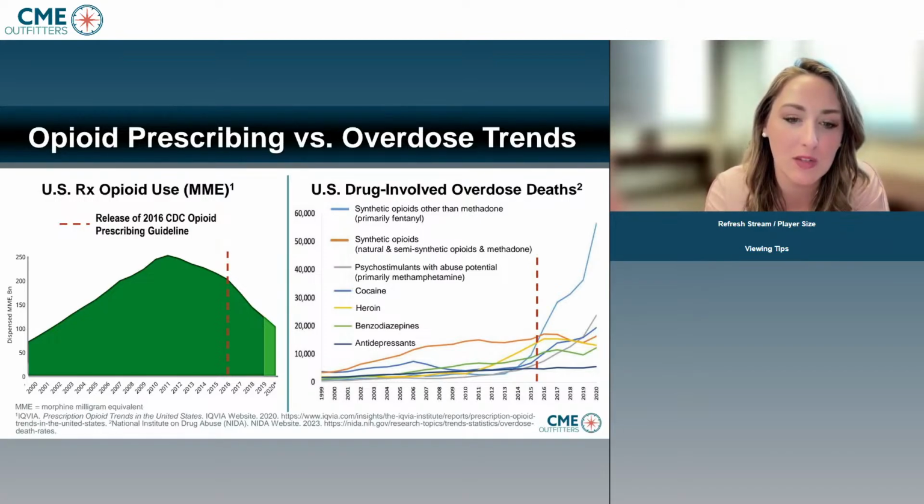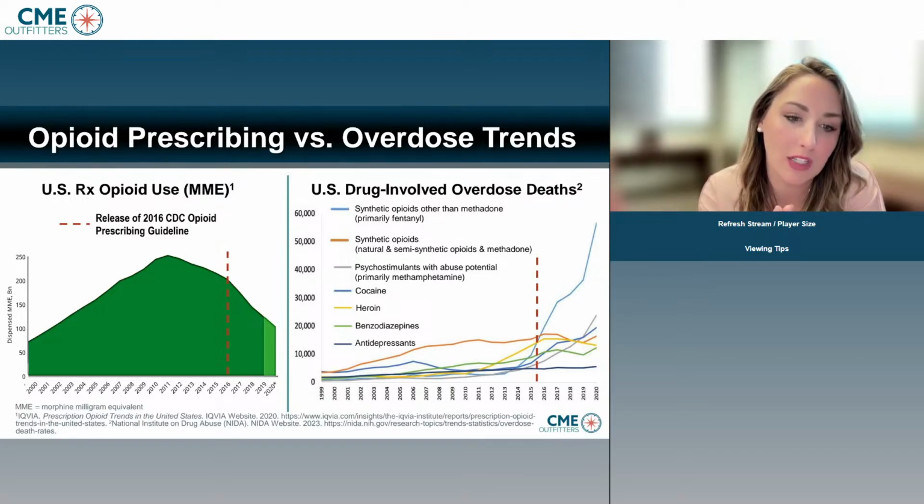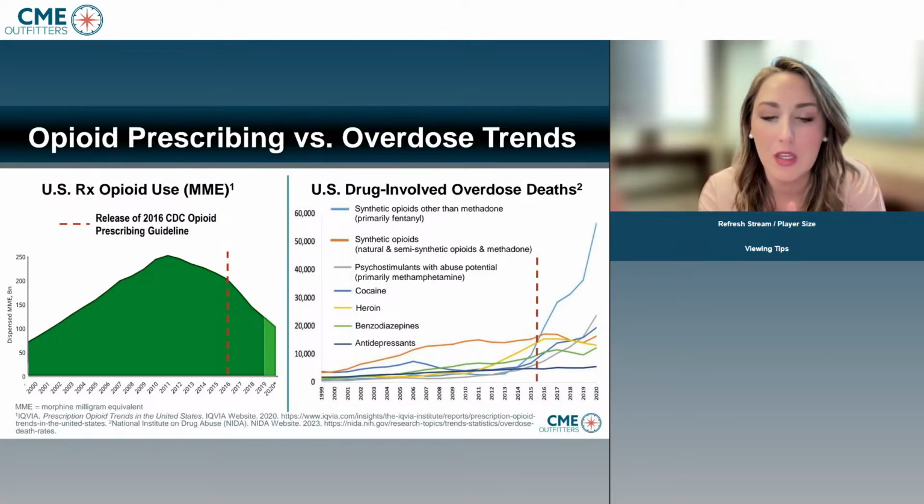As you see, it really peaked right around the early 2010 time, when we noticed MME prescriptions up to 250 MMEs per day. Again, we know what was maybe corresponding to a lot of this. I think we've all probably either been around and experienced it or know the history.